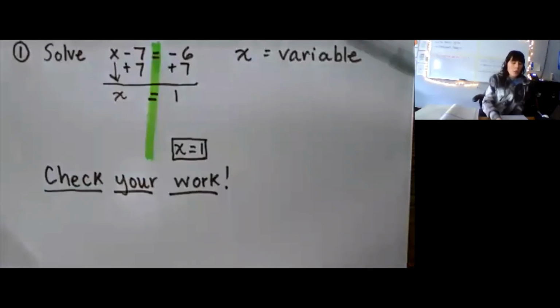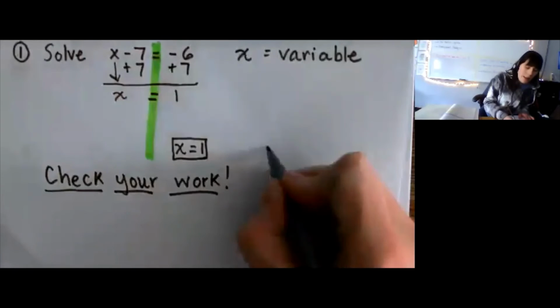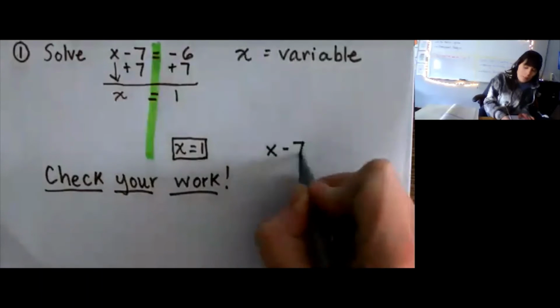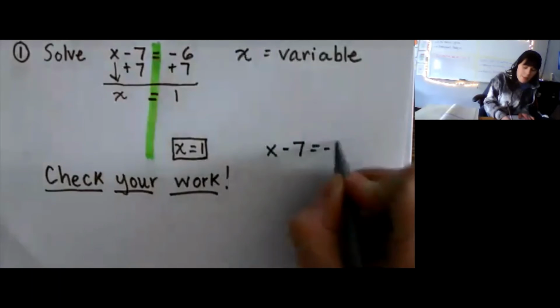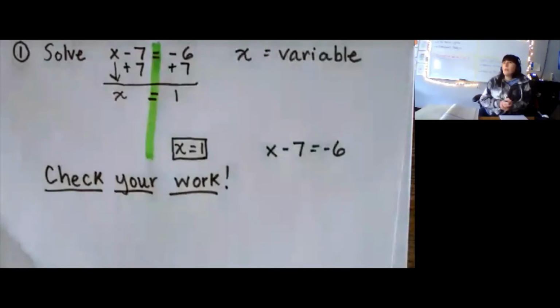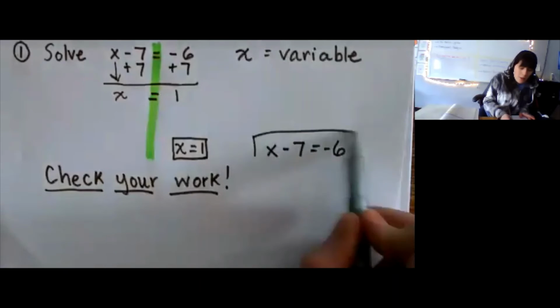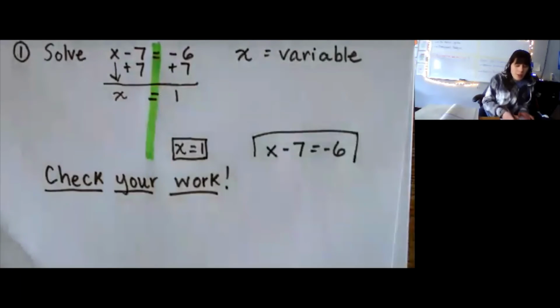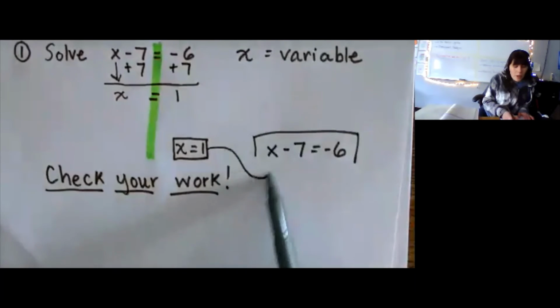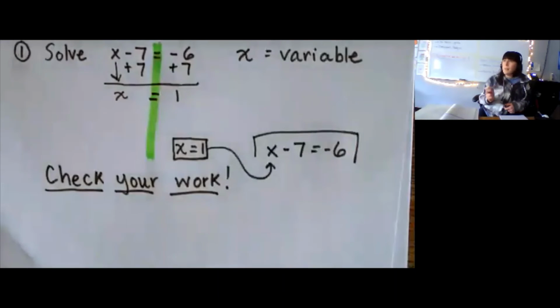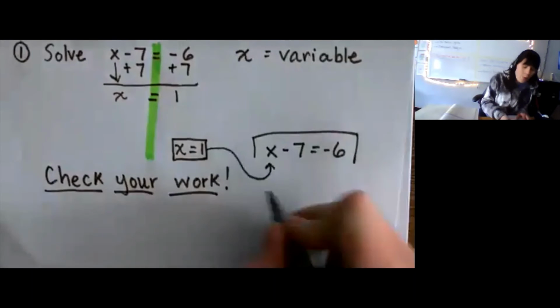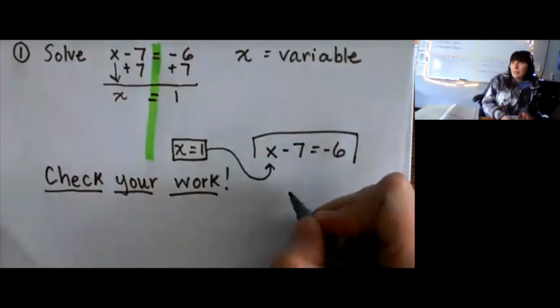We take our original equation right here, x minus 7 equals negative 6. And we are going to rewrite this equation, except for everywhere that we see an x, we are going to put in a 1. We only have x in there one time since this is just a simple equation that we're solving for.